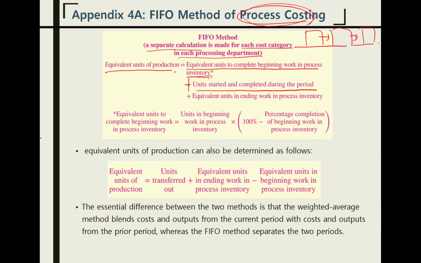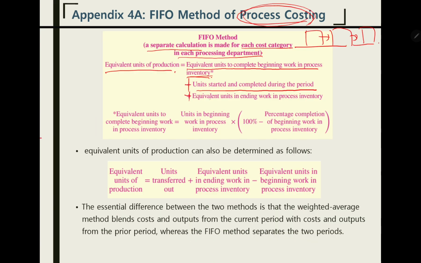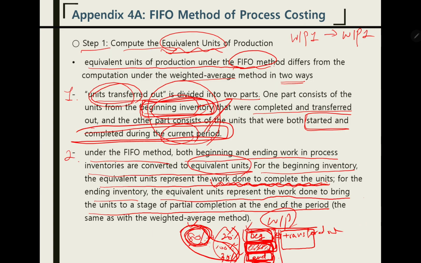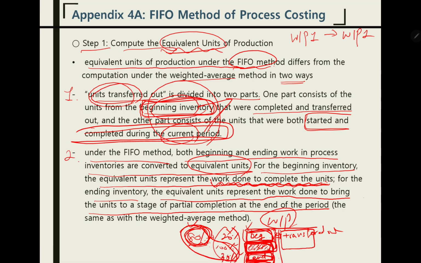Let's say in the previous slides, these ones. And we also add equivalent units in ending work in process inventory. Here, ending work in process inventory.